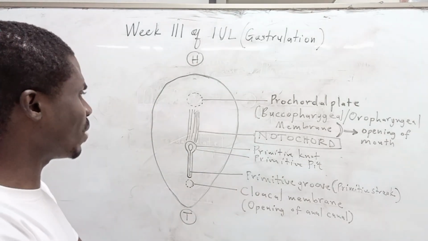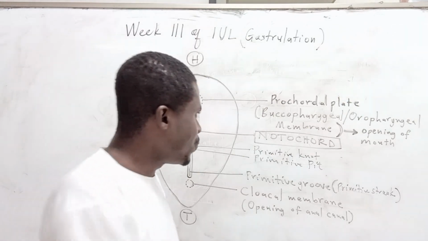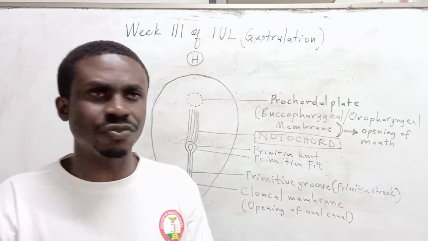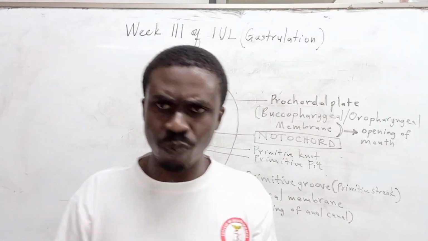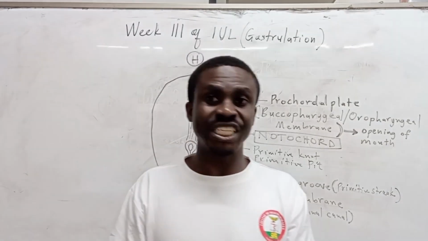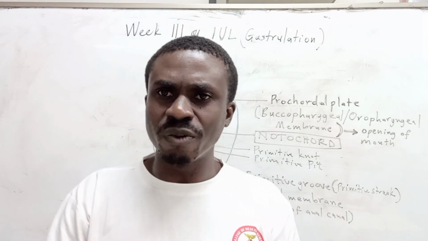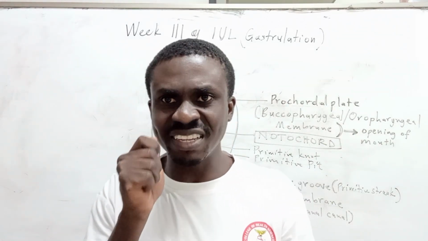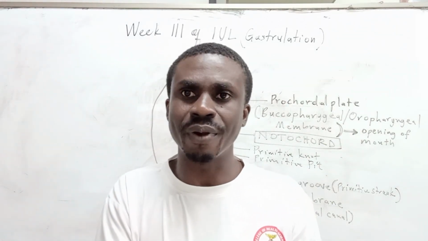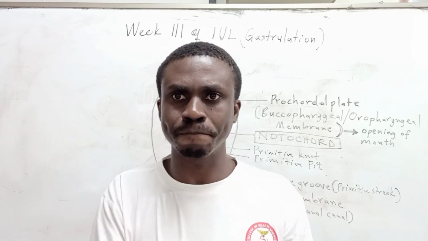Okay, so that is one thing that we see. Now, if you look closely, the notochord, importantly, is forming the longitudinal axis of the embryo, and it forms the basis of the axial skeleton in the embryo. Yes.